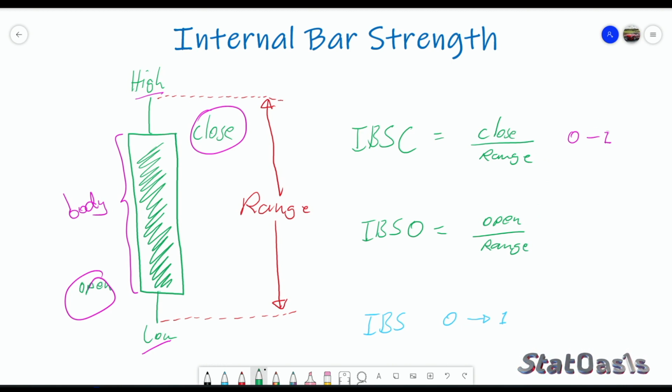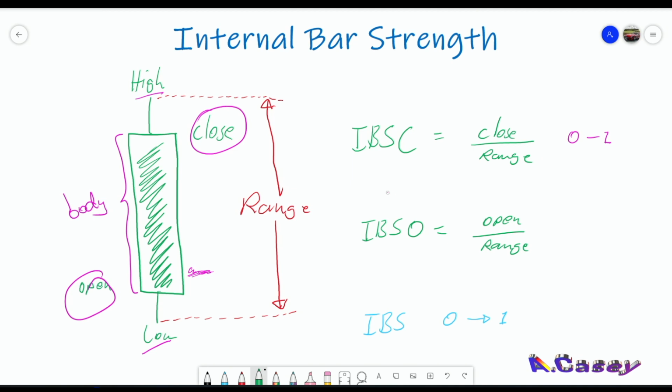And the closer it is to 1, that means we closed up in the bar, which means it's a strong close. And of course, if you are close to 0, then that means the close happened somewhere in here. And that means we have a weak bar, because basically the close is so far away from the high. That means the sellers have more pressure.